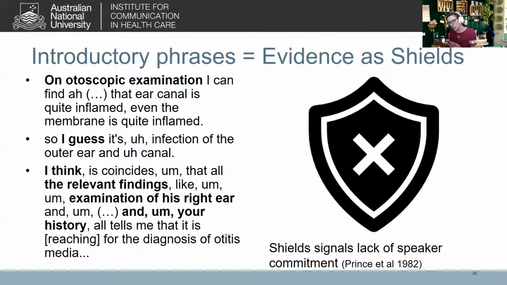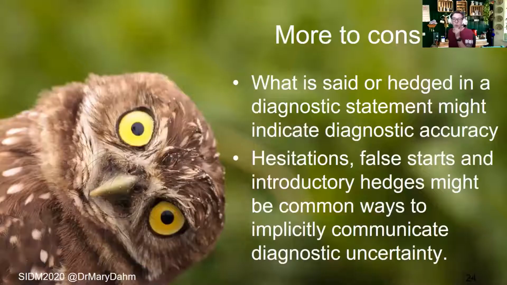I think that's quite interesting, because hedges and indirect expressions of uncertainty are probably the most common, as previous research has suggested, but no one has really looked at what function they have. So there's still more for us to do.